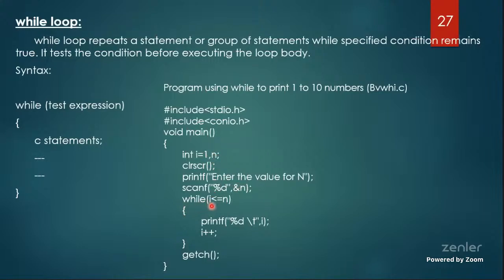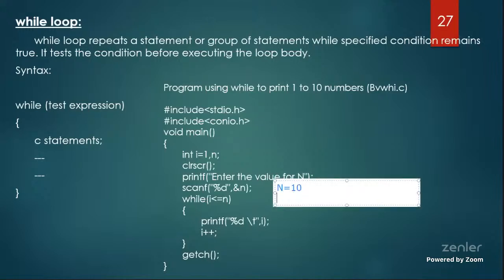While i less than or equal to n, what is n? Let me take the n value as 10 for the time being. So when n is equal to 10, now we are checking while i value is 1, less than or equal to 10.